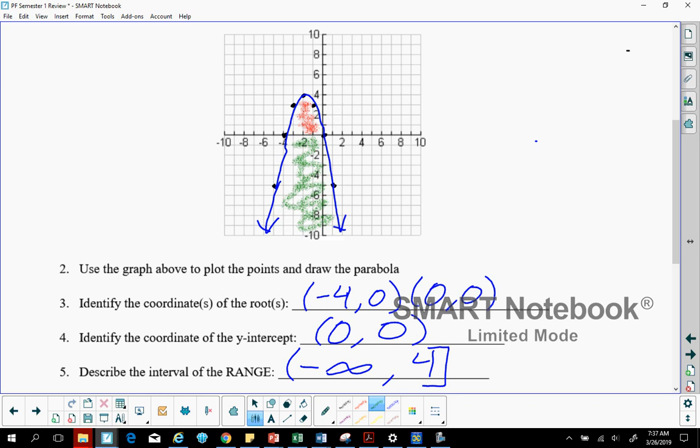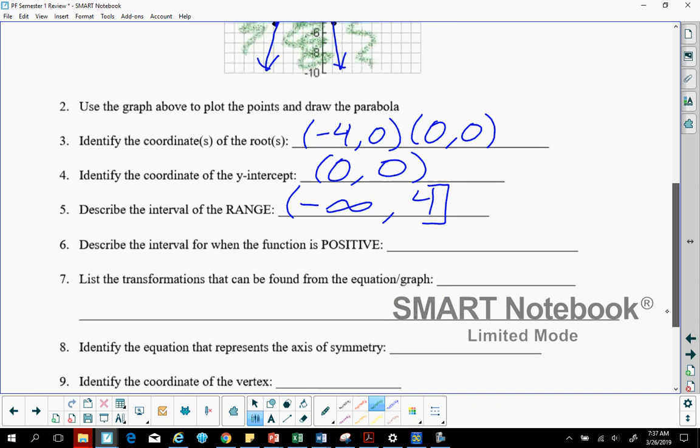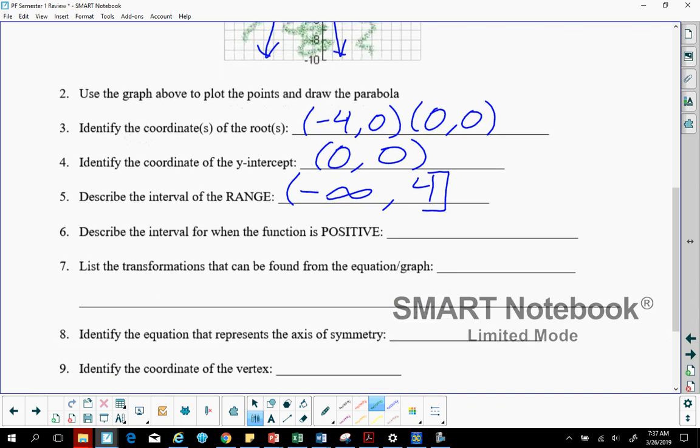The red. Between what two x values is it red? -4 and 0. Between those two x values is where it's positive.